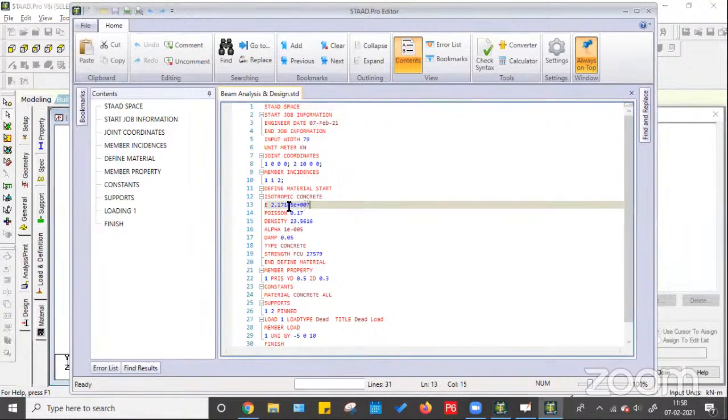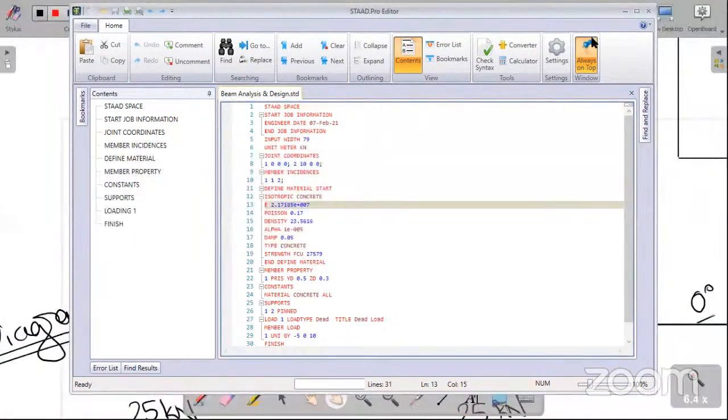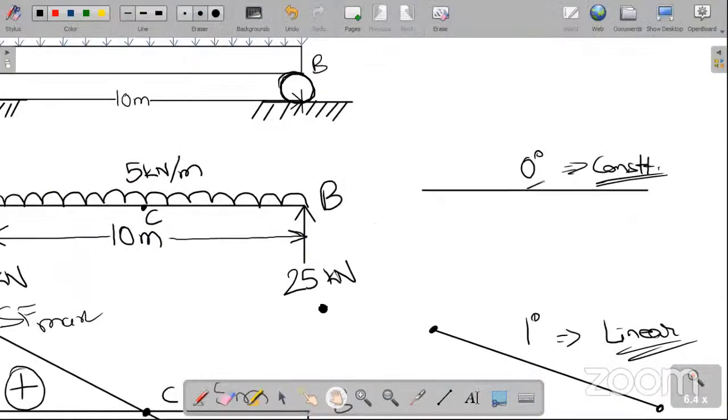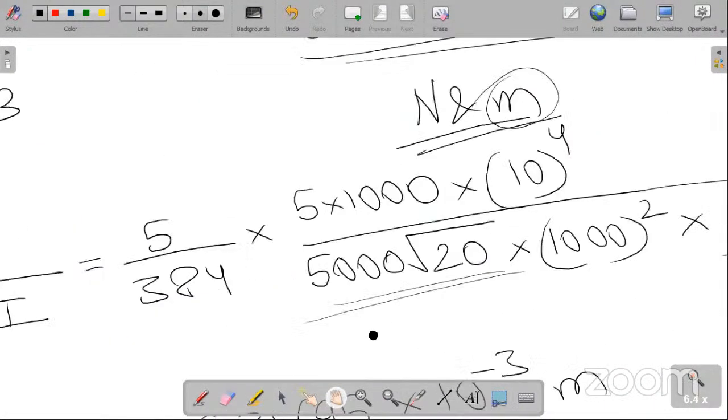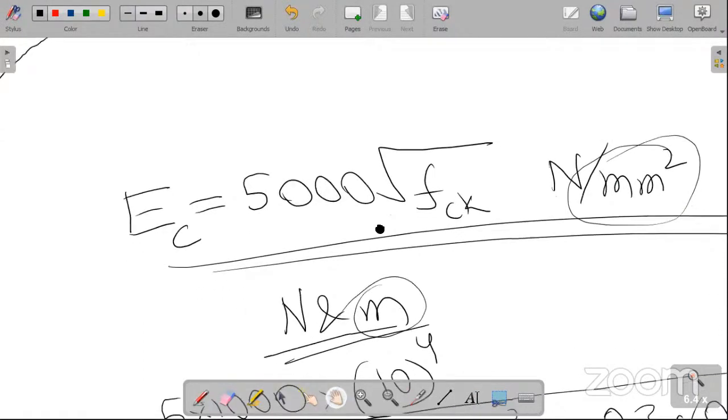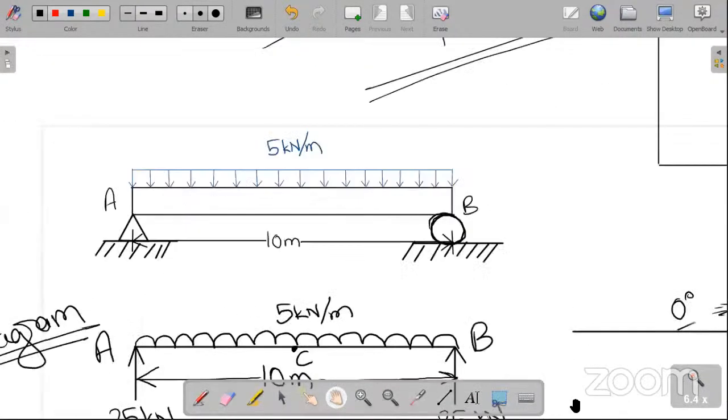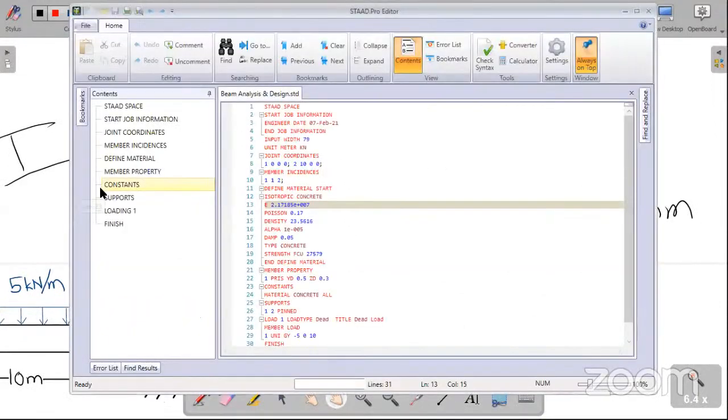So first of all, E means modulus of elasticity. Modulus of elasticity we had found in this analysis, and value of E was 5000 under root FCK Newton per mm square. So let's see how much we will be getting. 5000 under root FCK, that FCK for us was 20, M20, so 22,360.68 I'm getting.